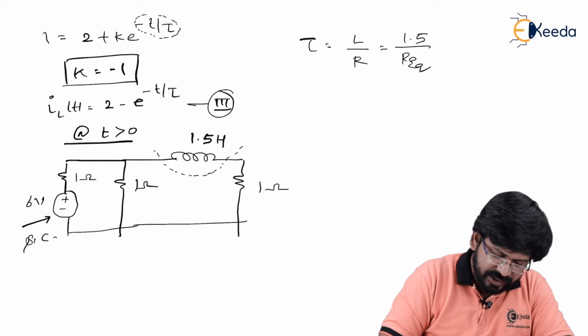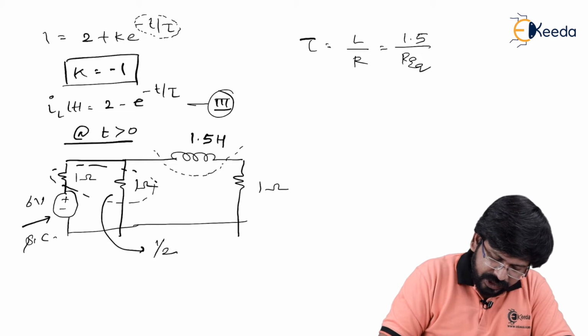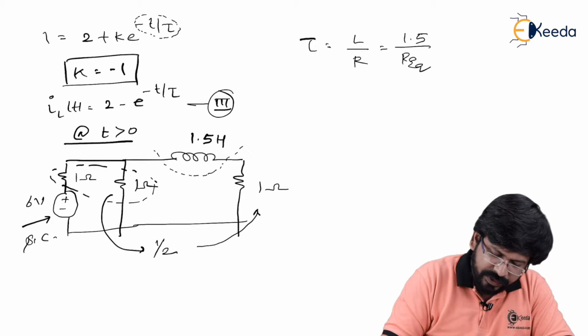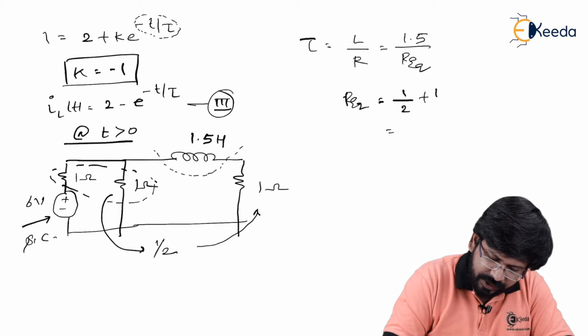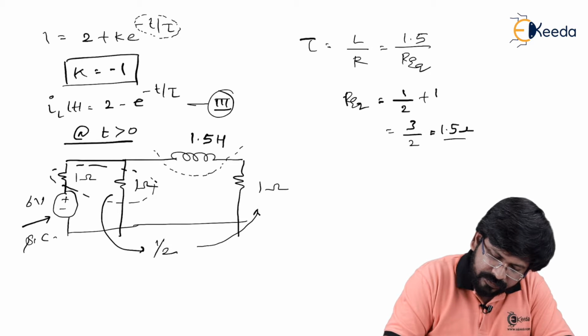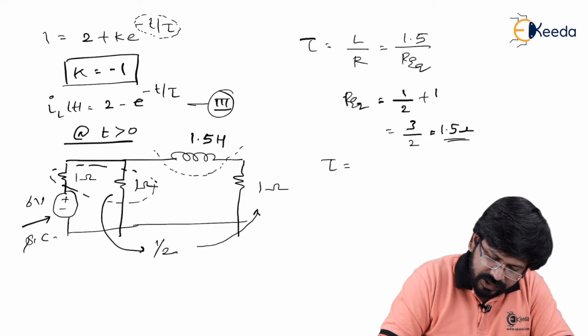So if I short circuit this, as you can see, this 1 and 1 come in parallel. So effective becomes half. This half will come in series with 1 ohm. So R equivalent is half plus 1, which is nothing but again 3 by 2, which is again 1.5 ohms. Effectively, tau is 1.5 upon 1.5, so it becomes 1 second.